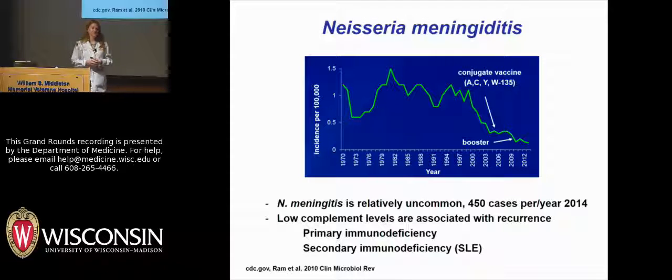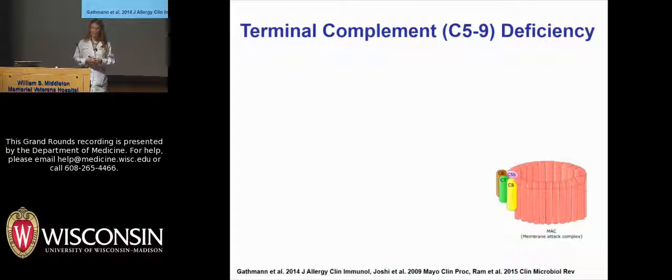So what immunodeficiencies have been associated with Neisseria infection? Low complement has been associated, and this can be either in the setting of primary immunodeficiency, inherited disorders, or secondary immunodeficiencies, patients with lupus, for example. So what complement deficiency is associated? It's terminal complement, factors C5 through C9.